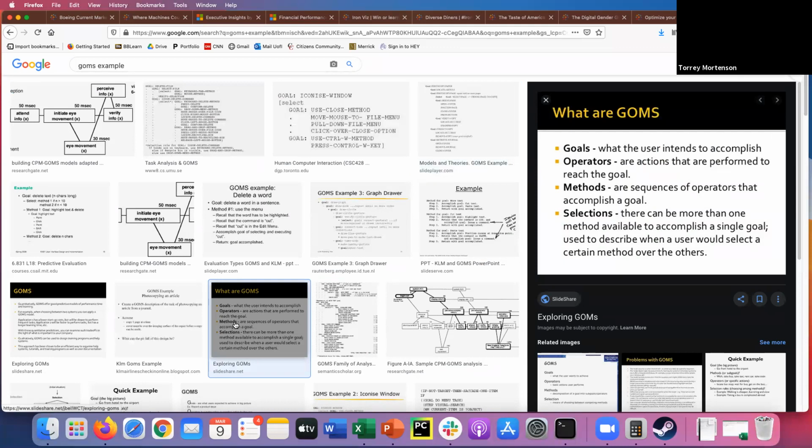If you can break out what your users are actually trying to do along these lines, operators would be user actions that we need to make sure we support. Methods, that's information architecture and process flow. Does the sequence make sense logically with what the operators are doing? So this kind of breakdown can also be super useful for that.